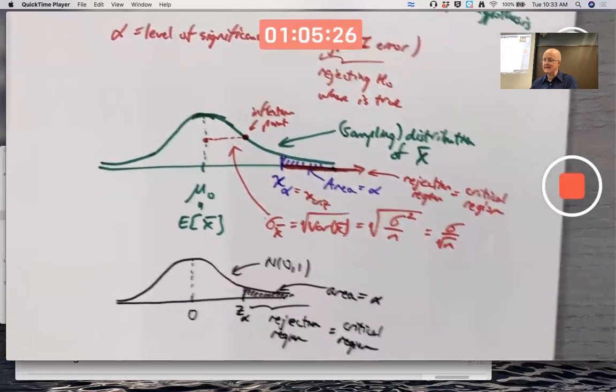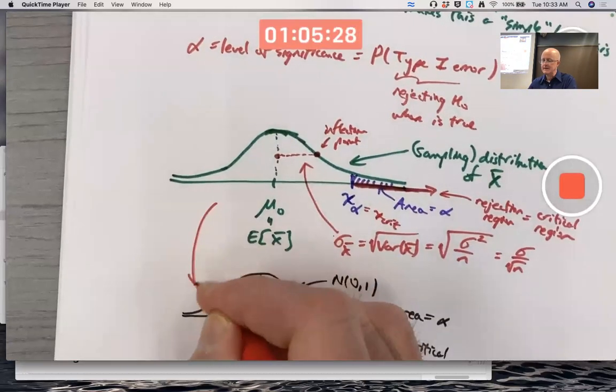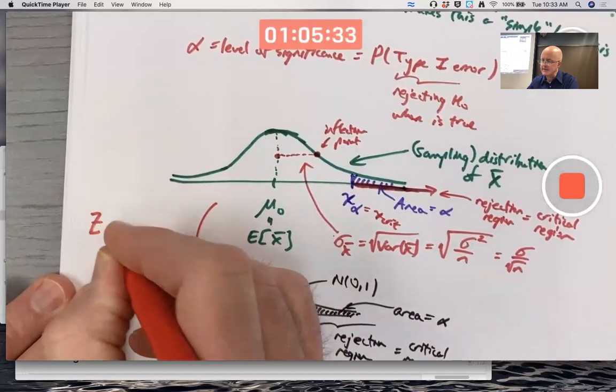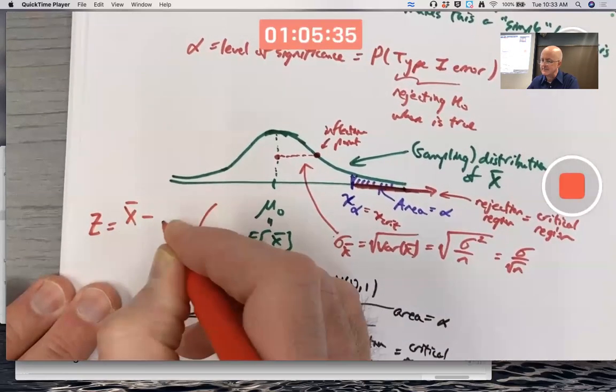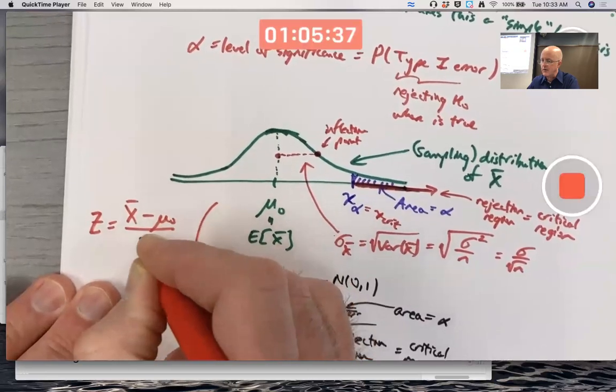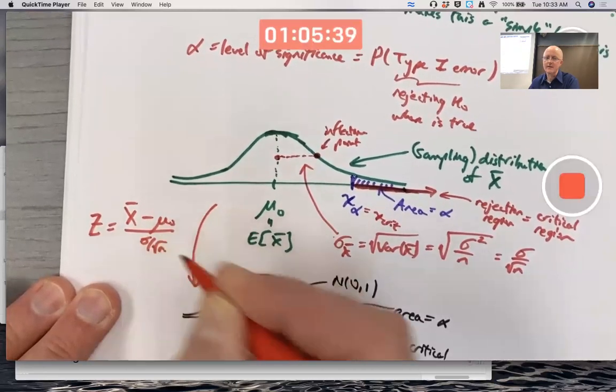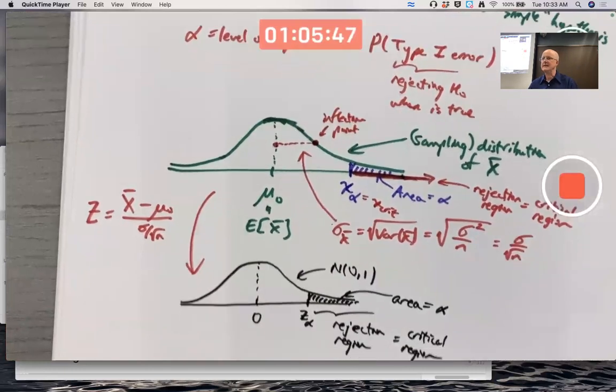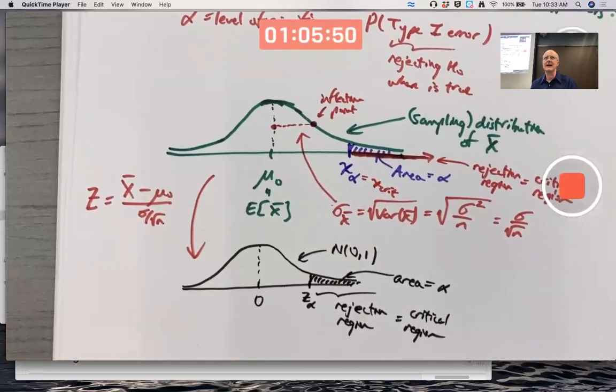The formula connecting these in the random variable form is capital Z equals capital X bar minus mu sub 0 over sigma over square root of n. Right, you've done these calculations before. I probably will assign a few problems where you have to calculate these things.